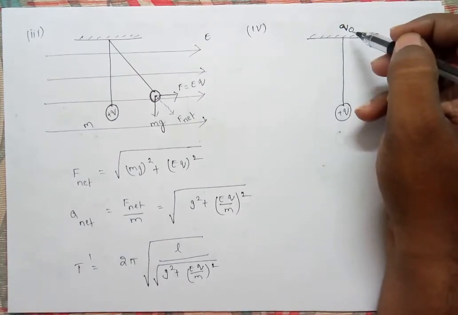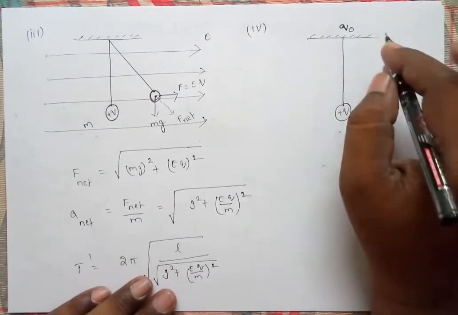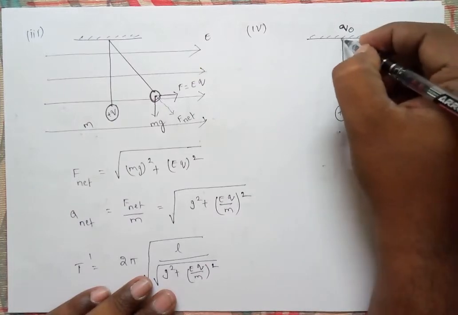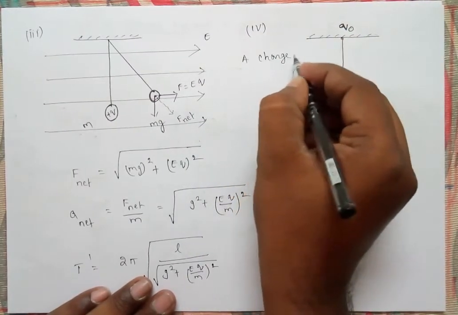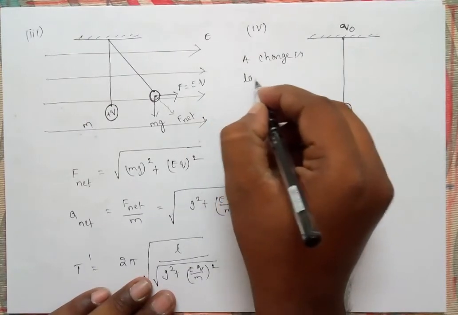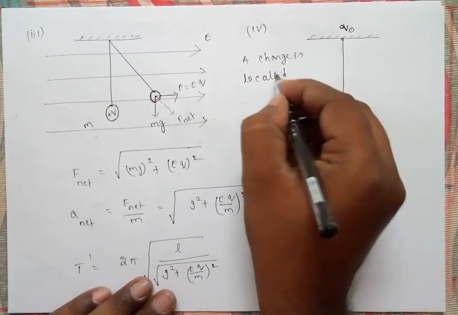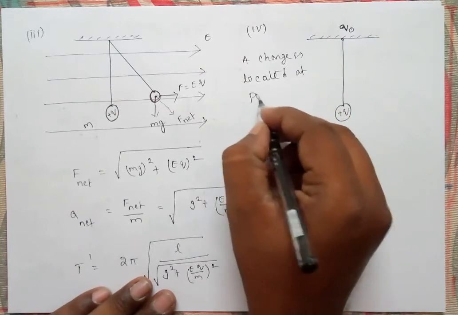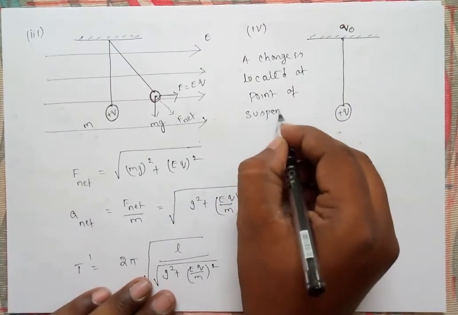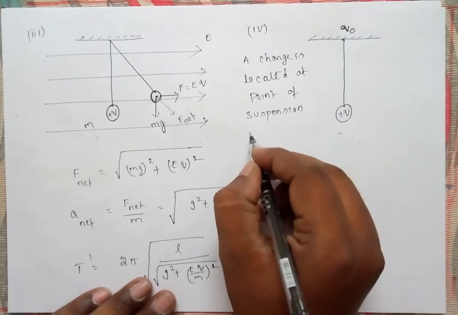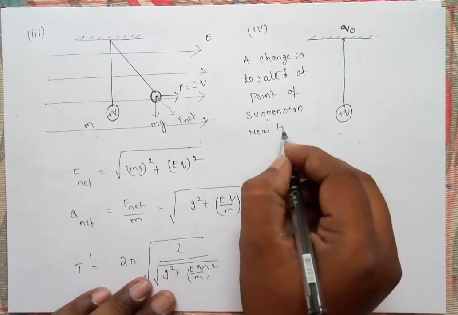So a charge is located at the point of suspension. What is the new time period?